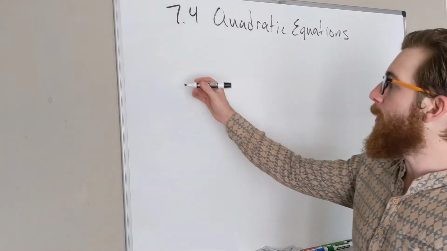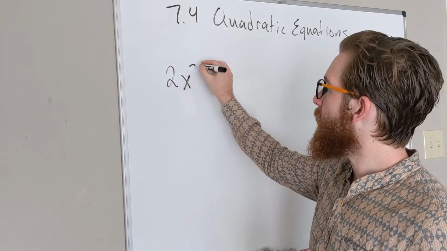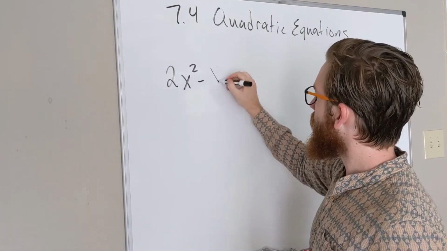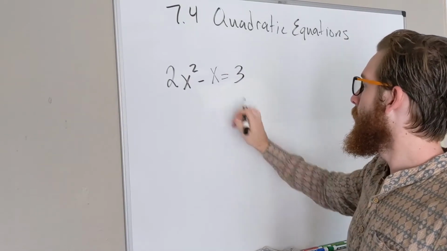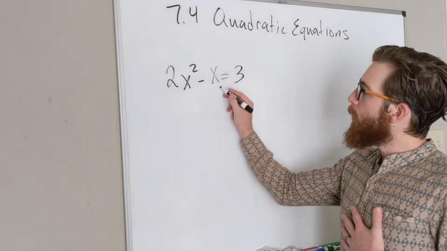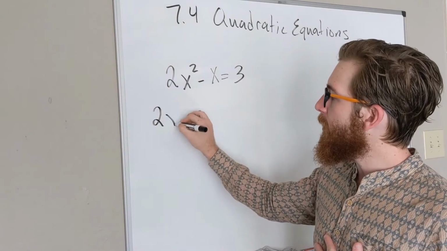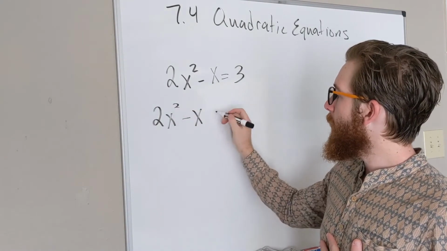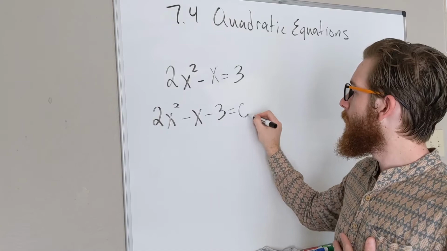So the first example I want to look at is 2x squared minus x equals 3. I've written them over here so I can remember. I want to move this over, so I'm going to solve this equal to 0.